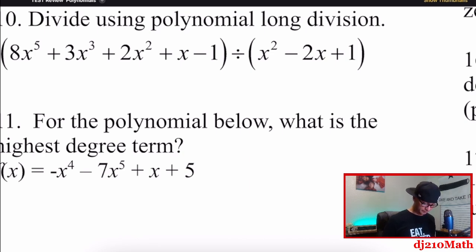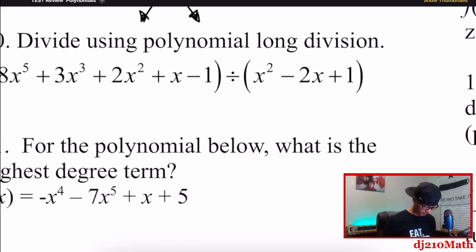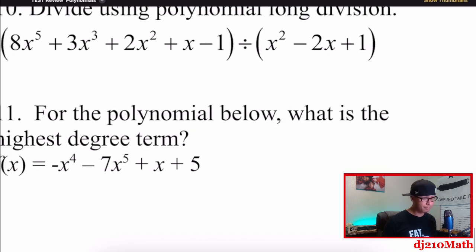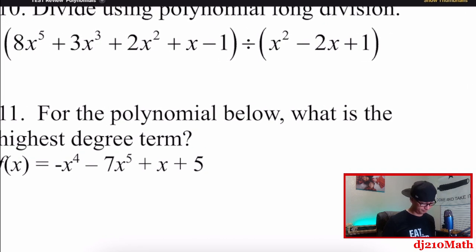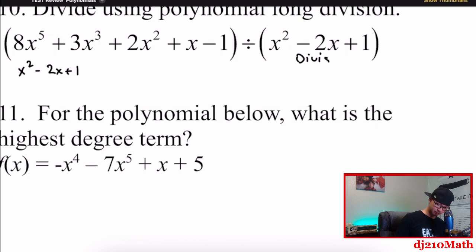So this is going to be x squared minus 2x plus 1, right? This is the divisor. Are all the x's there in descending order? Yes. Inside the box is going to be the dividend, this part.